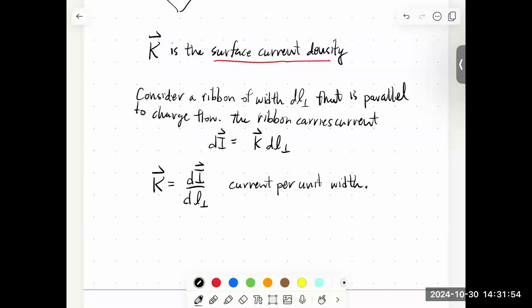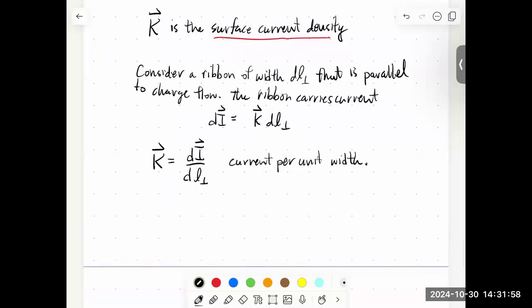Well, we already know a little bit about currents in wires. We said that the current in a wire is lambda times however fast those charges are moving. Well, lambda is dq dx, the charge per unit length, times velocity.